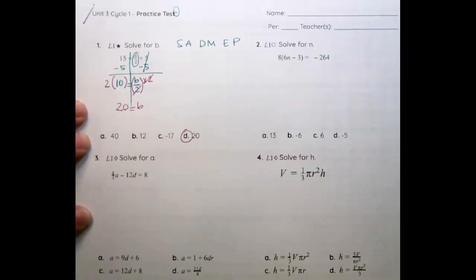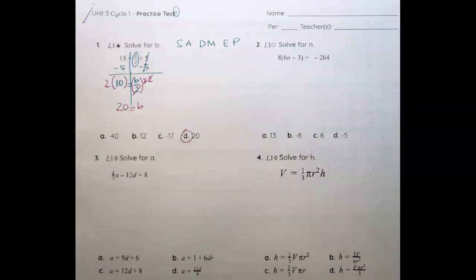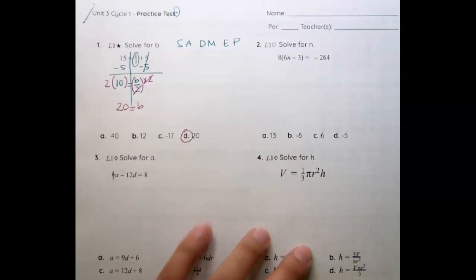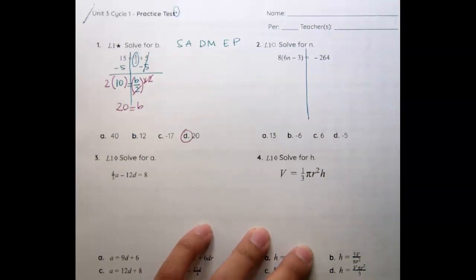Number 2. I have 8 times 6n minus 3 equals negative 264. I have to distribute in this one first because I have parentheses, and parentheses always mean to distribute. So on the right-hand side, this negative 264 is going to stay the same because nothing can happen.